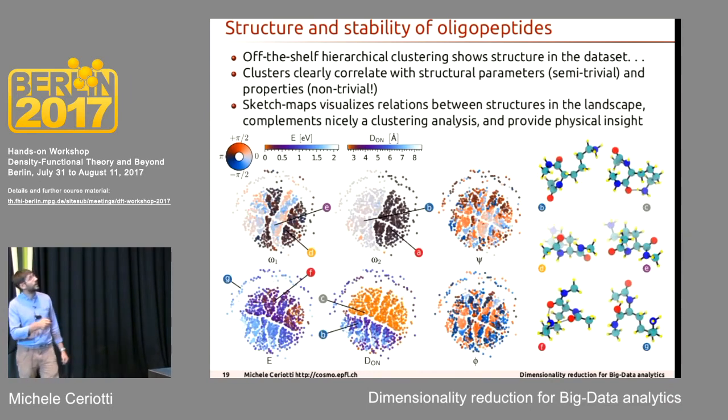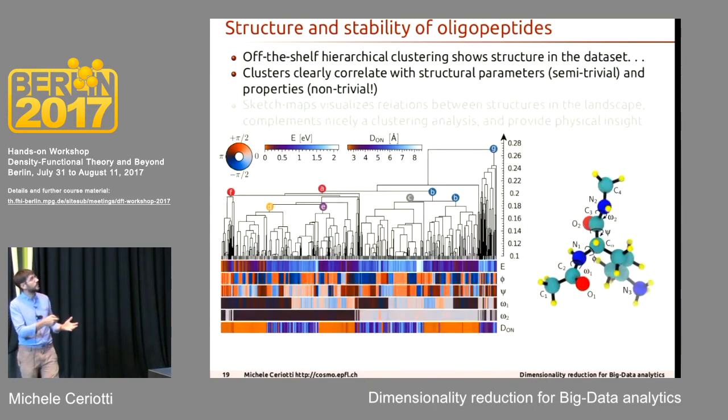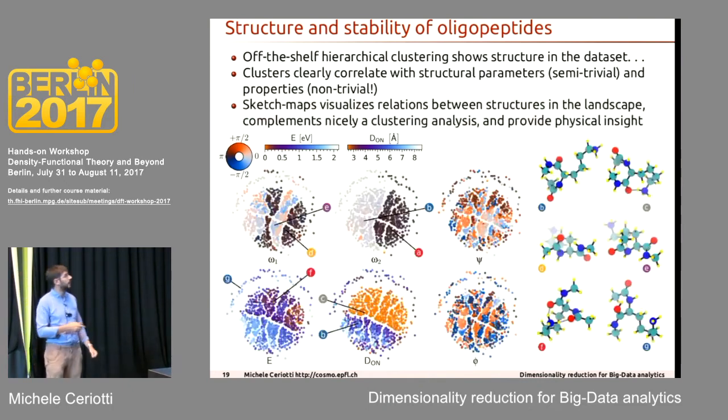You can also analyze this data set using SketchMap, and this is an alternative representation that, rather than using this hierarchical clustering, just makes a two-dimensional map of the molecules. And you see now you can identify very clearly these structures that have undergone a chemical transformation, and you can see that all of the stable structures are lying in this half of the plane.